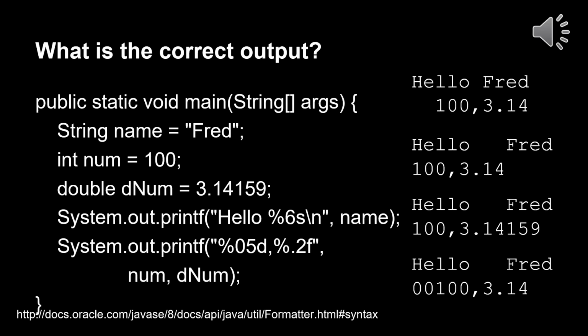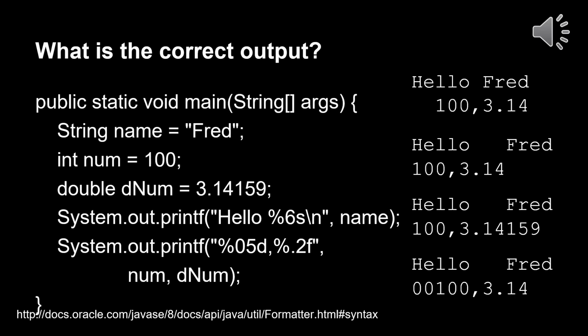Then we have %6s, so format name, which is Fred, in a field width of 6. Fred is 4 characters, so we'll have 2 spaces and then Fred. So we're looking at basically the answer options B, C, and D at this point.